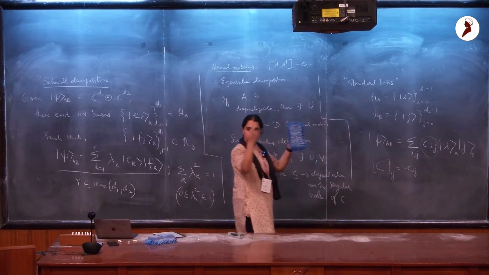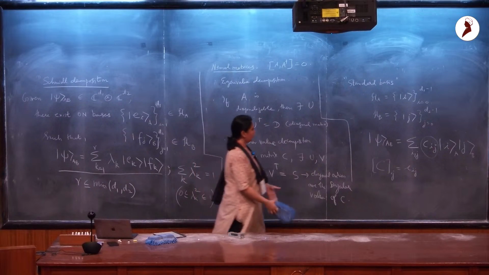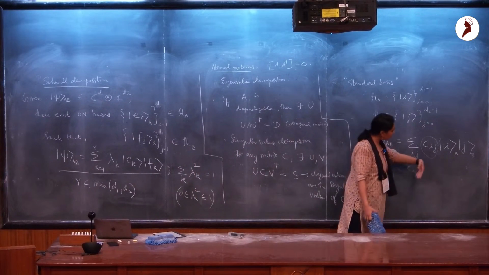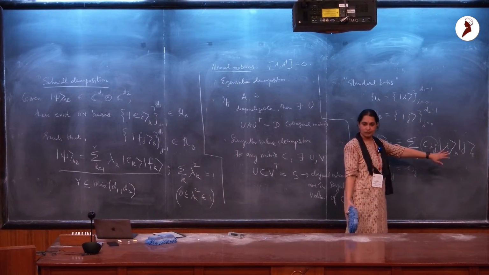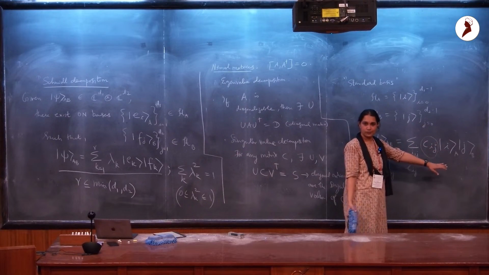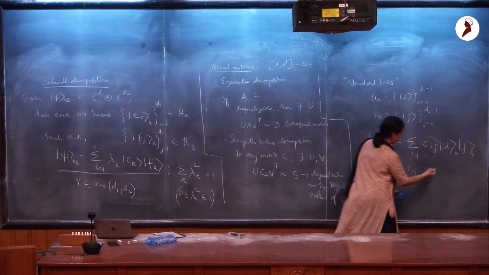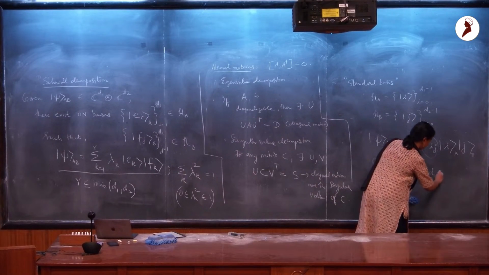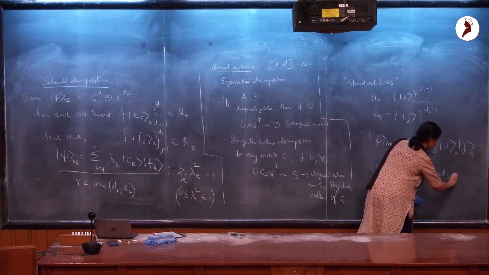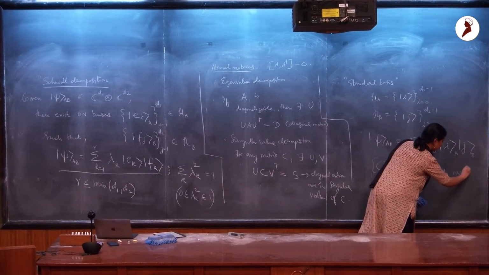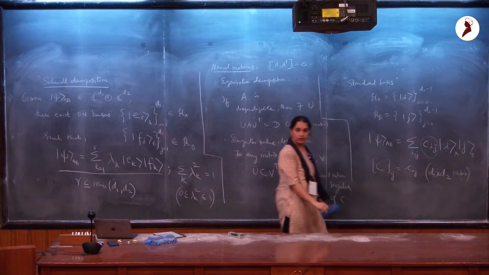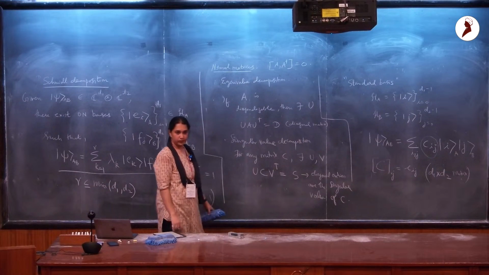So you consider this matrix of coefficients where I have expanded this in some arbitrary basis. Could be any basis, right? And now this is going to be some rectangular matrix. It's some D1 cross D2 matrix with no special properties.